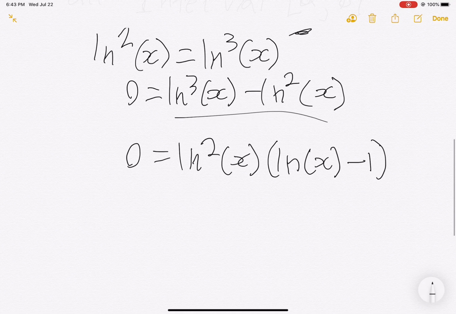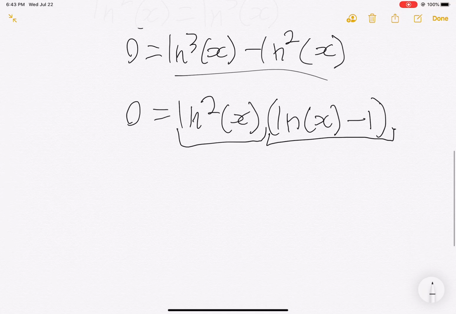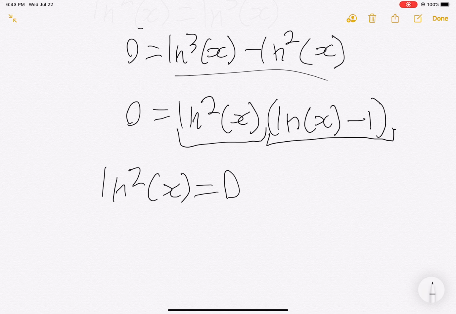Okay, easy enough. So now either ln squared of x is equal to 0, or ln of x minus 1 is equal to 0, right? That's just basic quadratics. So let's set ln squared of x equal to 0 and ln of x minus 1 equal to 0.